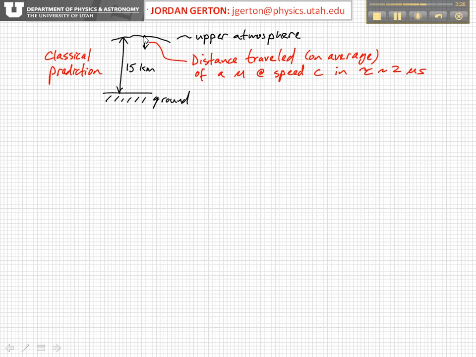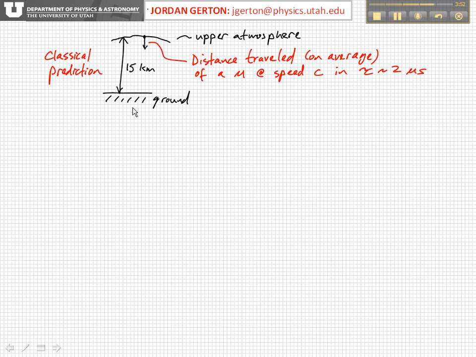It only goes this far. It goes a very small distance relative to the 15 kilometers that it needs to go to get to the ground and be detected. Even though it travels at very close to the speed of light, in only 2 microseconds it only goes that far. And that's why the large flux that they measured on the ground was anomalous.